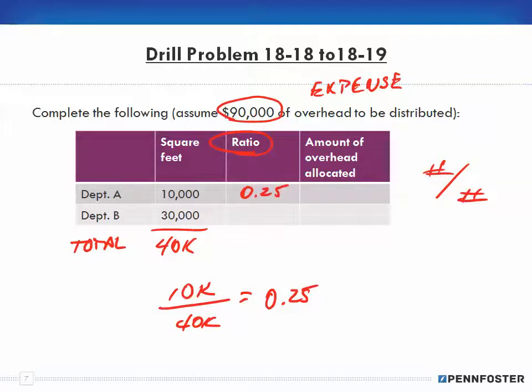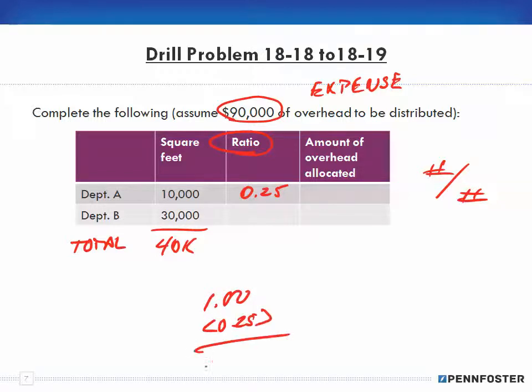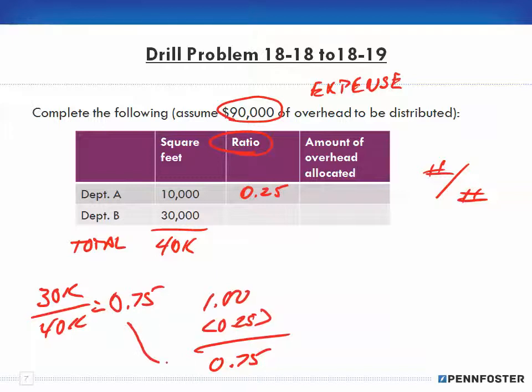And then we do the same exact thing for department B. Well, I don't have to do it, because I know that 1 less 0.25 gives me 0.75. Or I could take the 30,000 and divide it by the 40,000 and get the same thing, 0.75, right?